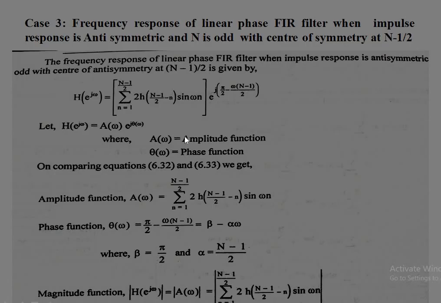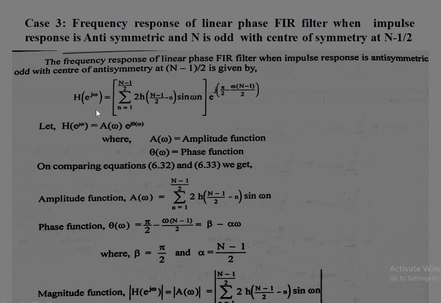In the third case, once again with the frequency response of a linear phase filter, where the impulse response is now considered to be anti-symmetric and N is odd with its center of symmetry lying at (N minus 1) by 2, I derive the frequency response as something like this: sigma n is equal to 1 to (N minus 1) by 2, 2h((N minus 1)/2 minus n) sin(ωn) e^(j(π/2 minus ω(N minus 1)/2)).